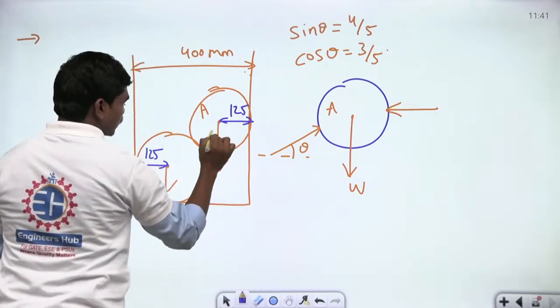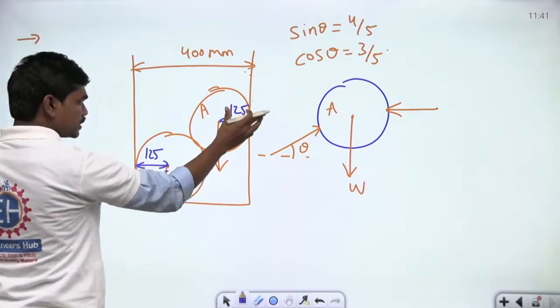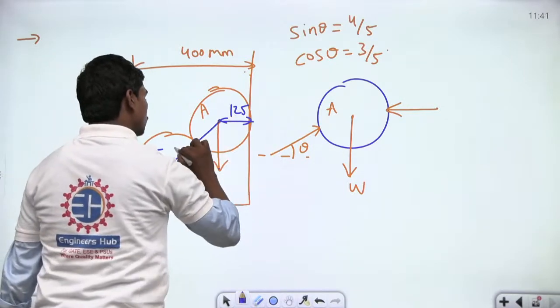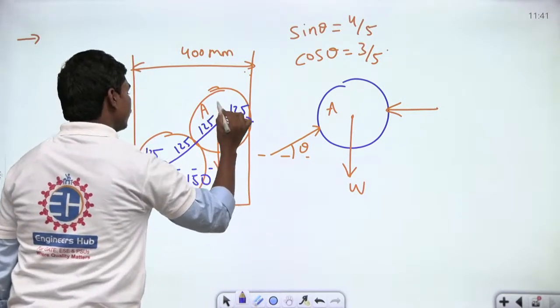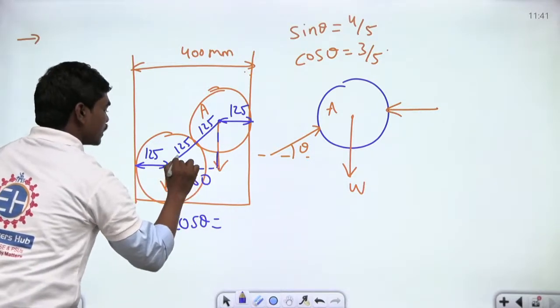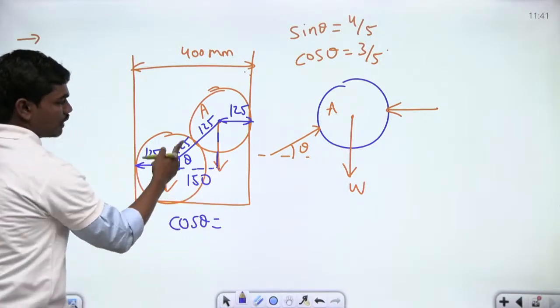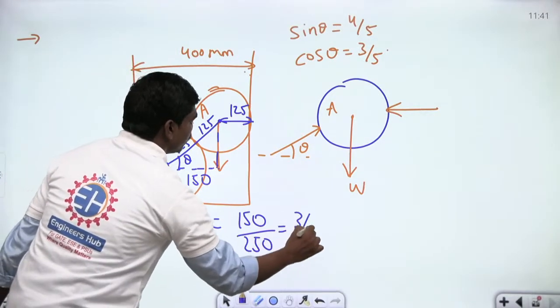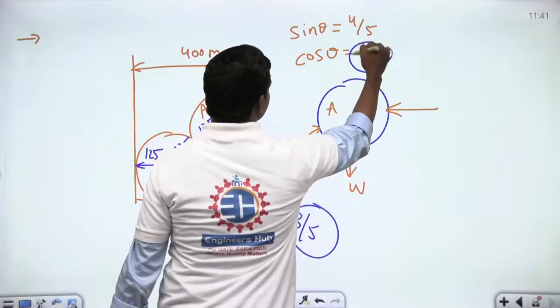So the horizontal distance between these two supports is 400 minus 250, which is 150. And of course, this length is 250 because this is 125 plus 125. So if you frame a triangle here in the dotted line, if this is theta, then cos theta is equal to 150 divided by 250, which is 3 by 5. So that's how you get cos theta equal to 3 by 5, and sin theta equal to 4 by 5.